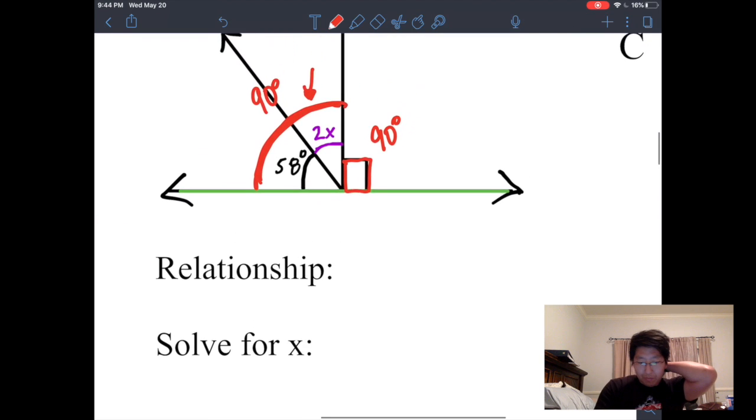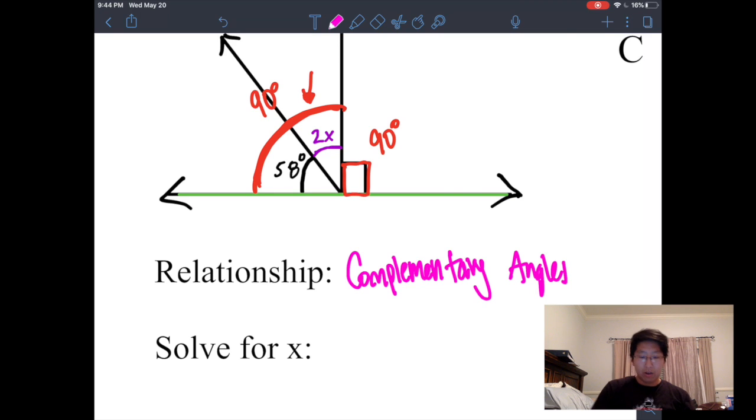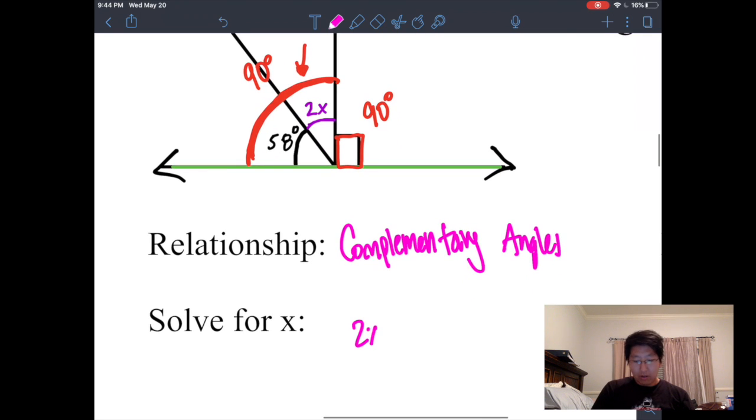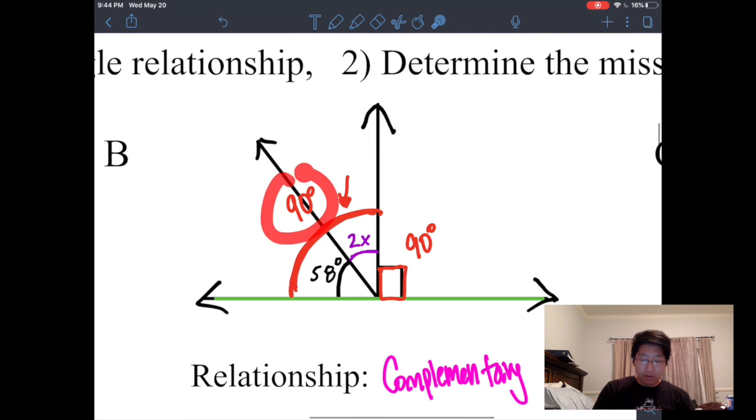So the relationship is complementary angles. Here 2x plus 58 degrees, if we add those together, they're going to have a total distance of 90.